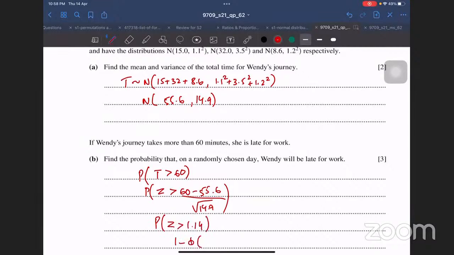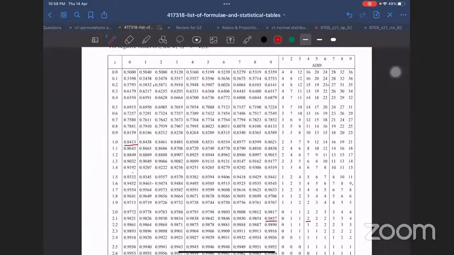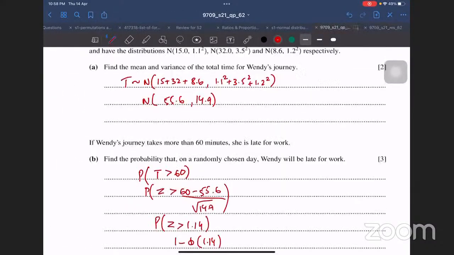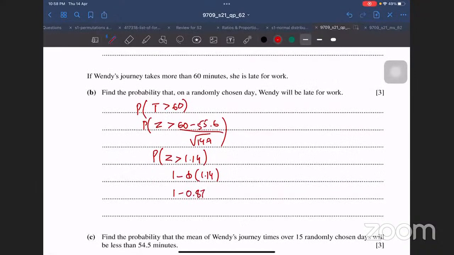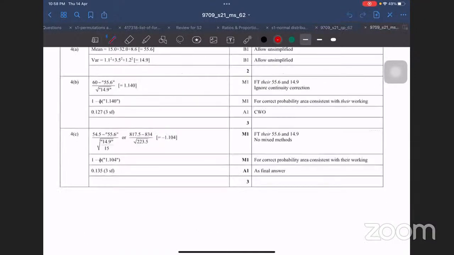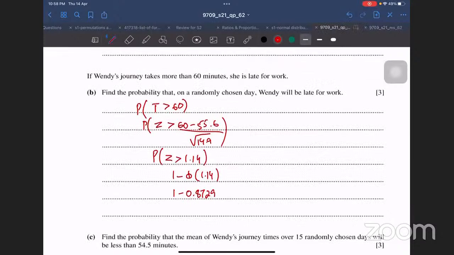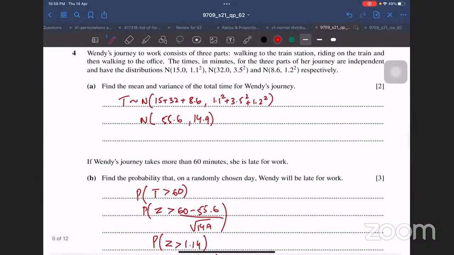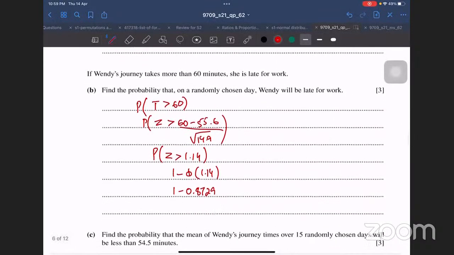So 1 minus 0.8729, which is 1.14 from the table. Check if I have the correct answer. I think I do have the correct answer. No, I don't have the correct answer. It's 1.104. Have I made a mistake somewhere?